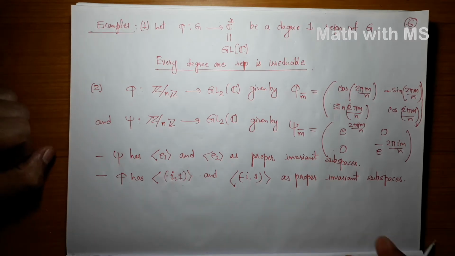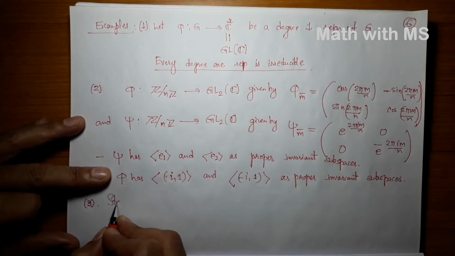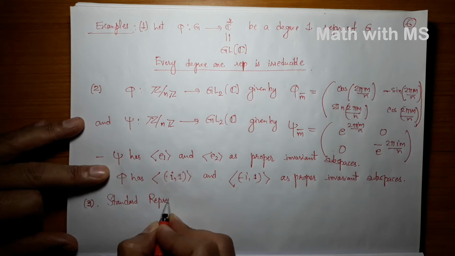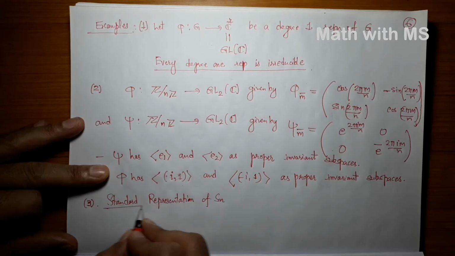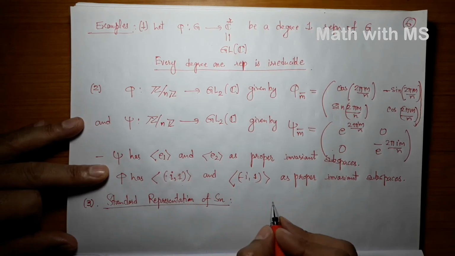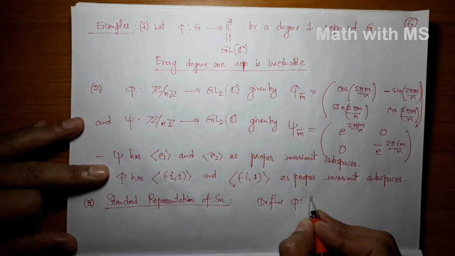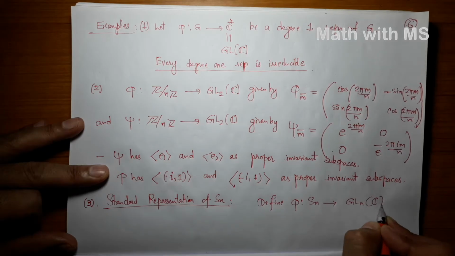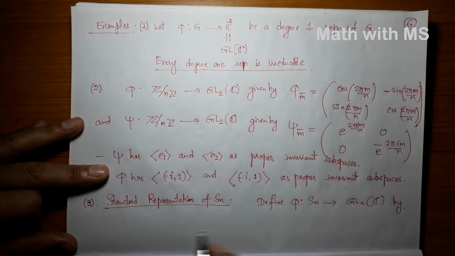All right, so let us see one more example: the standard representation of the symmetric group Sn. Define phi from the symmetric group Sn to GL_n(C) by the following.